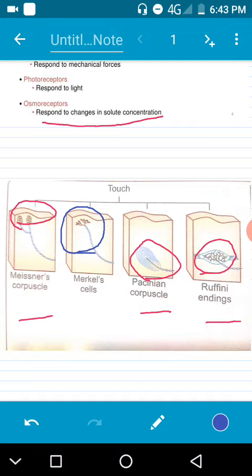In general, mechanoreceptors can be classified broadly into two categories: the capsulated ones, like the Meissner's corpuscle, Pacinian corpuscle, Ruffini endings, and the non-capsulated one, like the Merkel cells.